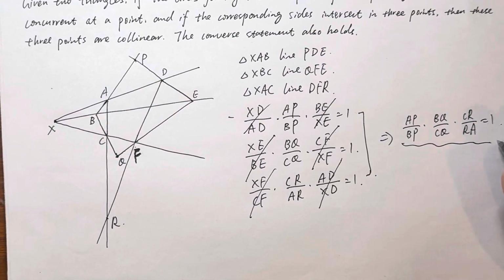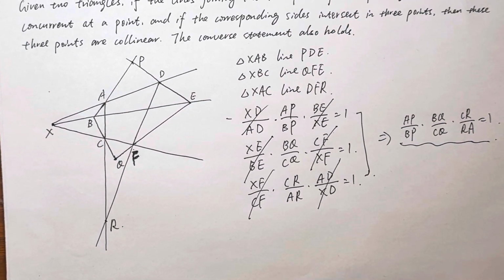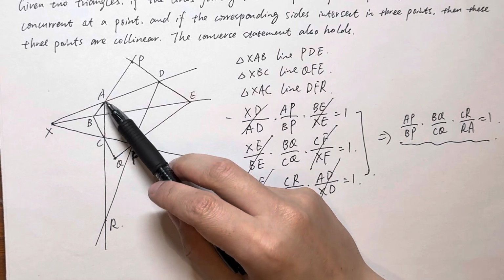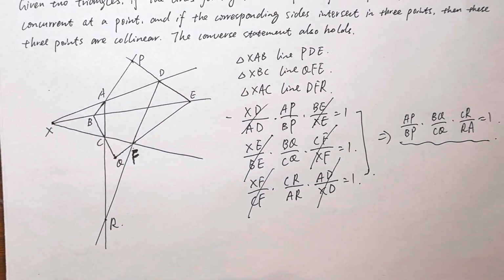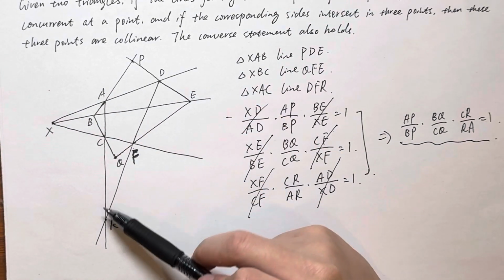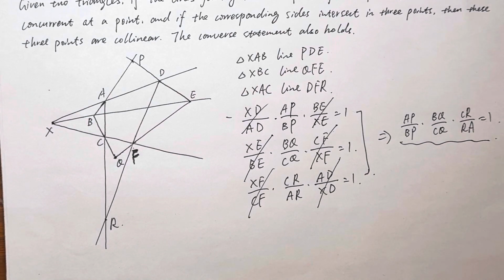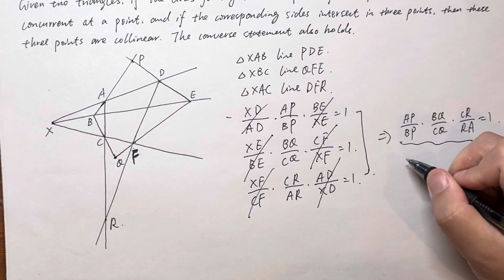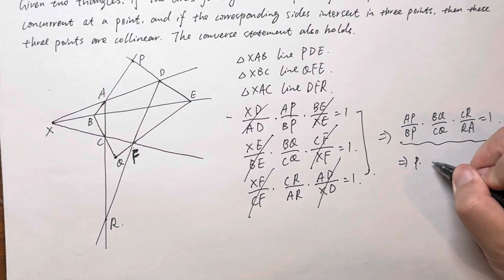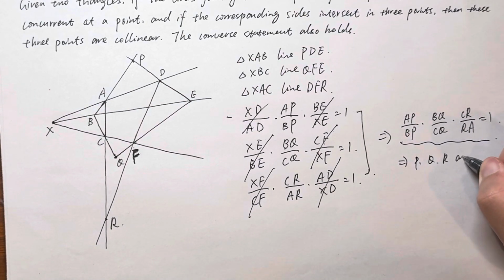That's exactly the Menelaus theorem for the triangle ABC and line PQR, which means that by the converse of the Menelaus theorem, we can say that P, Q, R are collinear.